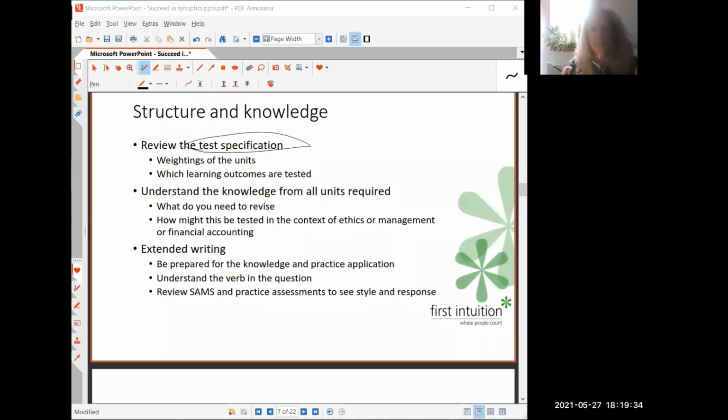The structure of the assessment will include some extended writing, and this is challenging. It does make the assessment harder, where we are expected to prepare a written response, and I know that often it is found to be more difficult. All I would say is the extended writing is a real opportunity for you to demonstrate and show your knowledge and understanding.